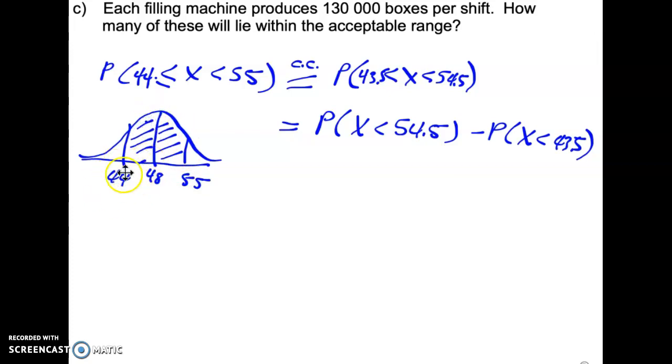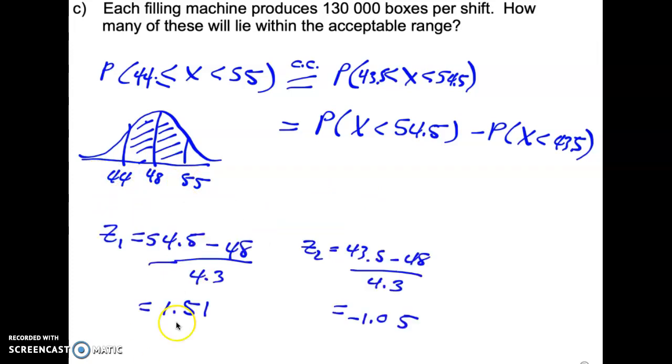Whether you put the actual values or the rounded values on your graph, it doesn't really matter to me. Okay, so take a minute, calculate the two z-scores, and find the probability.